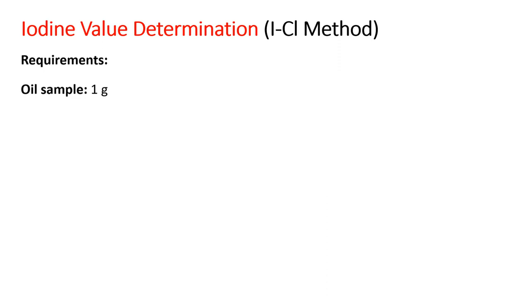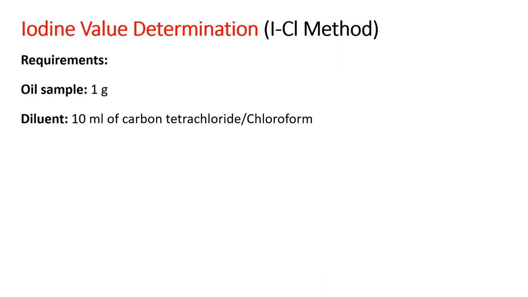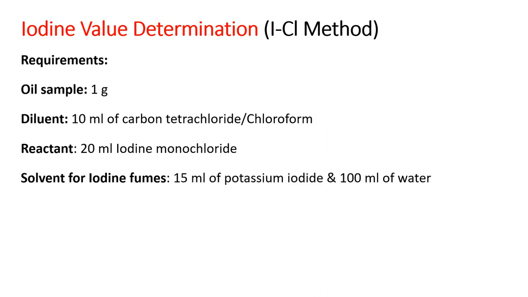Here we will require an oil sample of 1 gram, and a diluent, that means we need to dissolve the oil in some solvent, and the solvent can be 10 ml carbon tetrachloride or even 10 ml chloroform. The basic reactant is iodine monochloride, so we need around 20 ml of iodine monochloride.